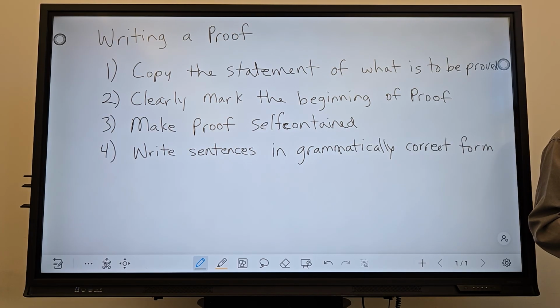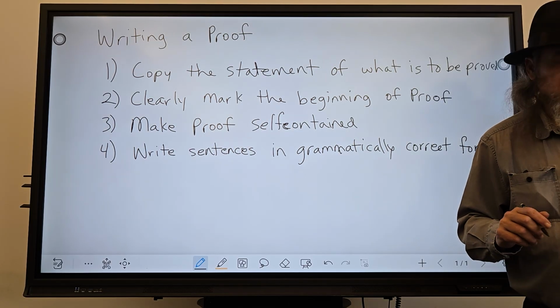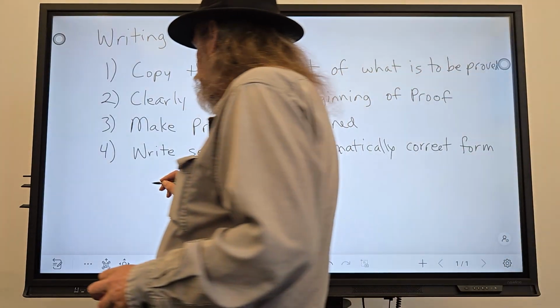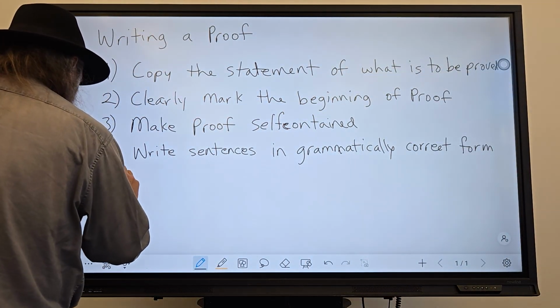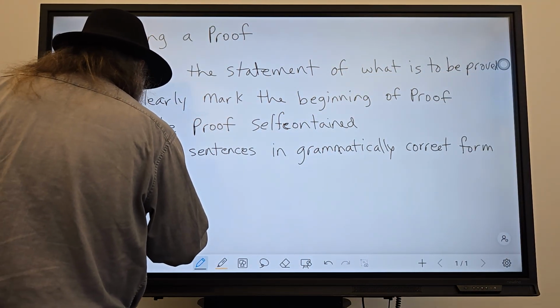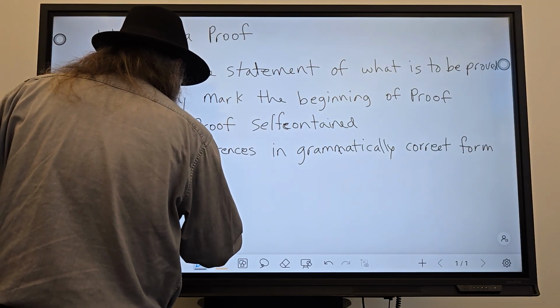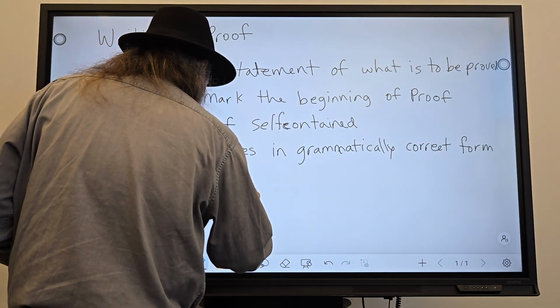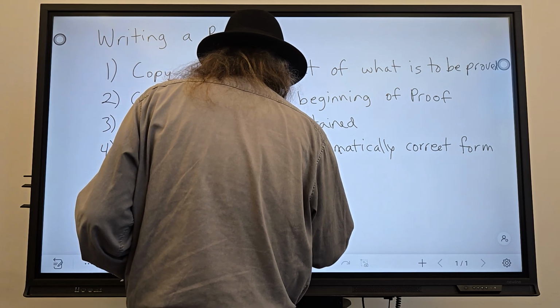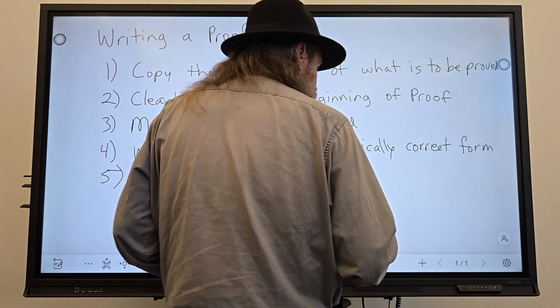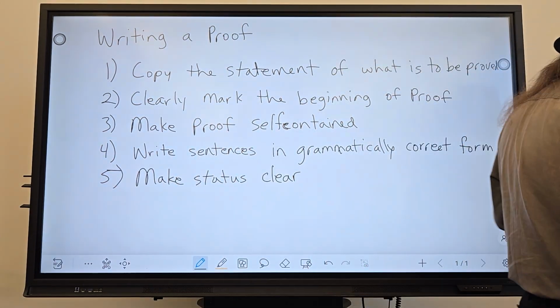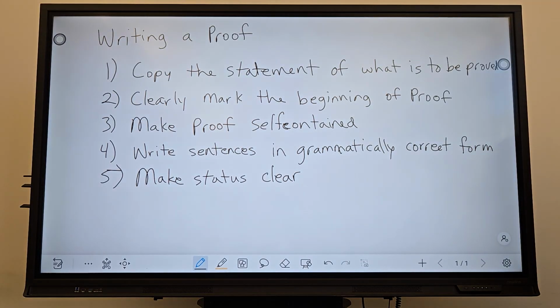Keep your reader informed about the status of each statement in your proof. Make the status clear. Now, what this means is your reader should never be in doubt about whether something in your proof has been assumed or established or is still to be deduced.